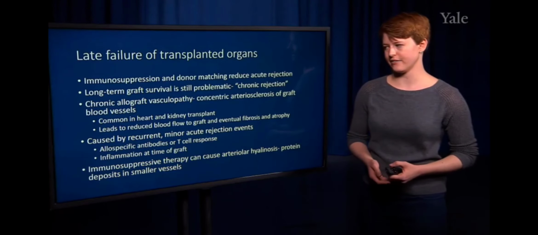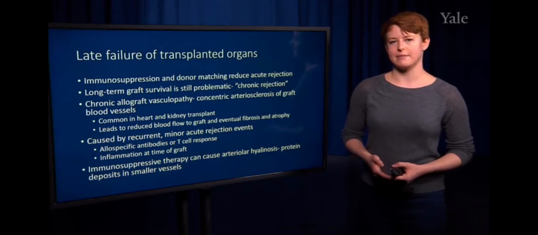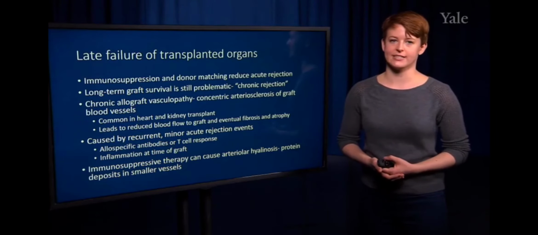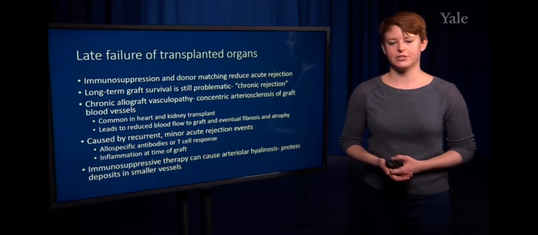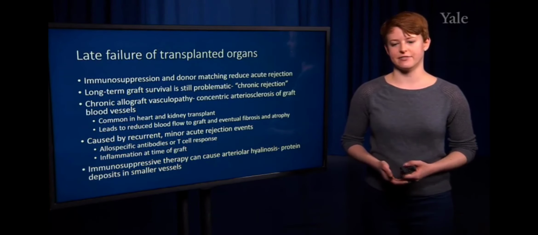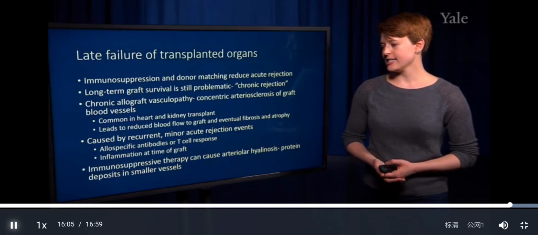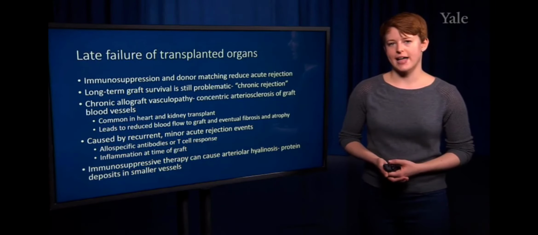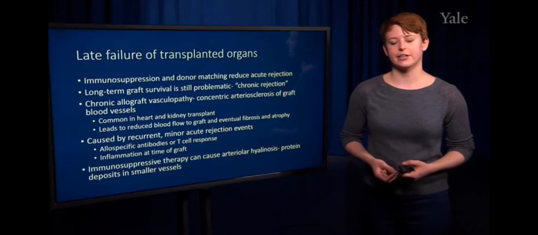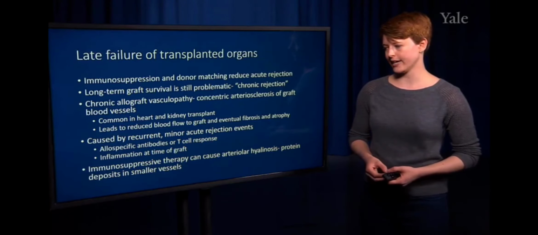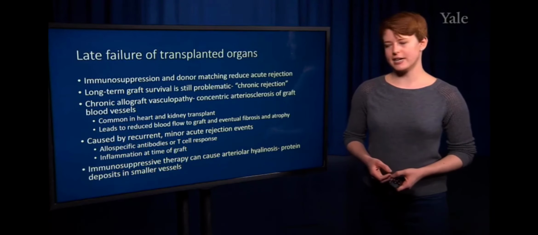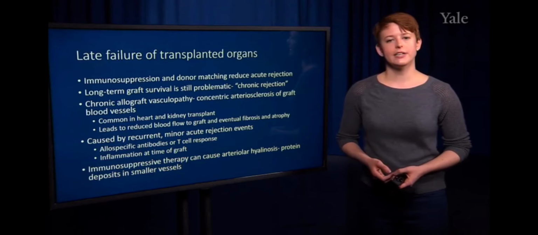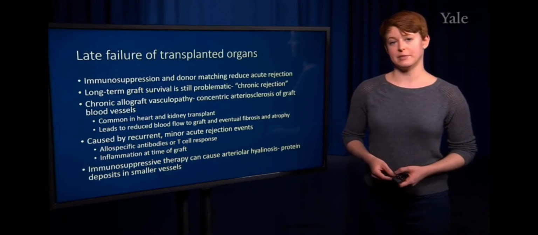This is most common in highly vascularized organs such as the heart and kidneys, and it leads to reduced blood flow to the organ and can also lead to fibrosis. This is thought to be caused by very minor but recurrent acute injuries to the organ. So, for example, maybe some allospecific antibodies or T-cell response, or it could also be due to an inflammatory response that's induced at the time of surgical transplantation.